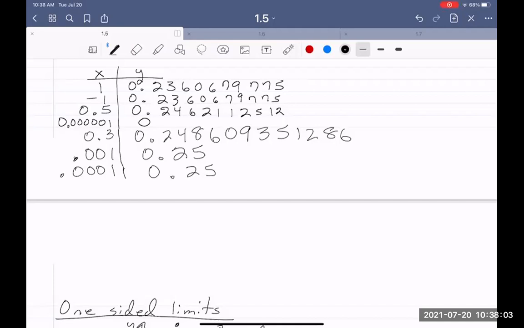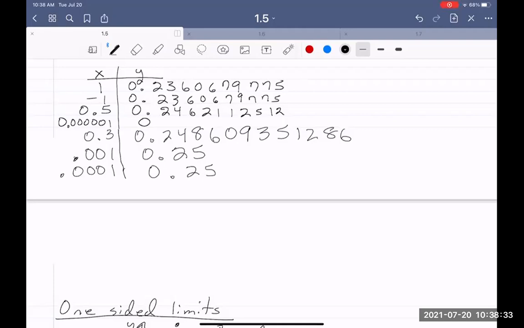But it's not so obvious. So the answer is you can't really do these type of things by just plugging in numbers. You can't trust your calculator. The reason I put in the 0.0001 is because your calculator gives the wrong answer.